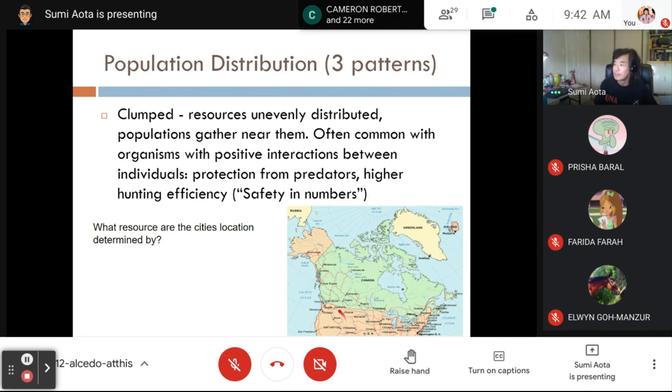So that's what causes the distribution in North America in general. This is the most common distribution pattern that you're going to see in nature, because for the most part, resources are usually unevenly distributed. Therefore, the population tends to gather around those limited resources.